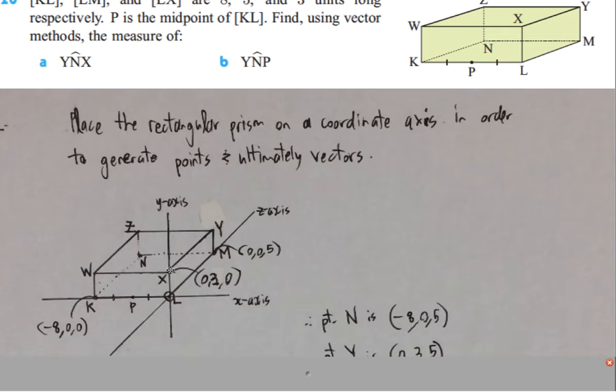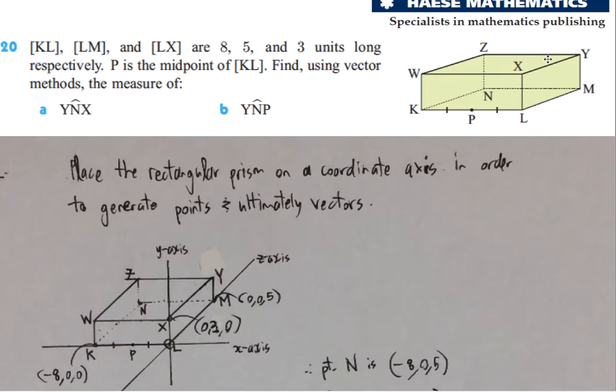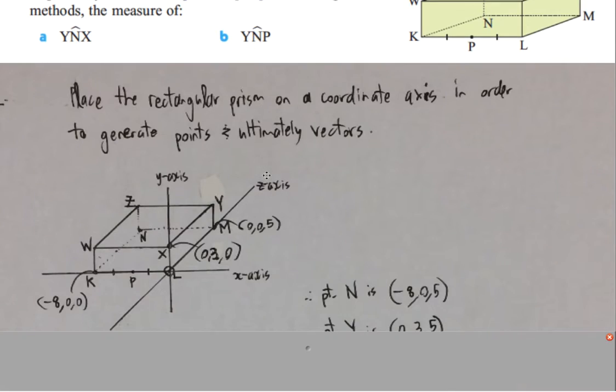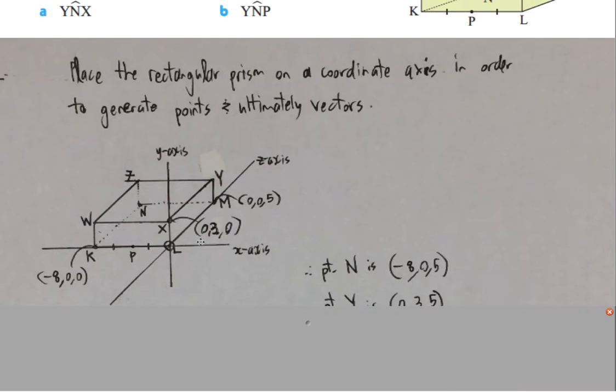And you may have guessed that on the y-axis, the value that we know for the length of LX, which is in fact 3, is going to be the y component of that particular vector, and the x and z are going to be 0.